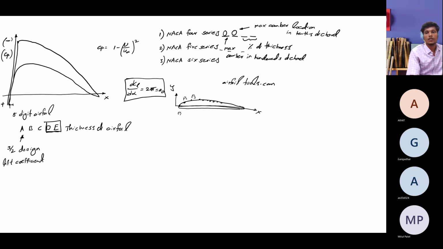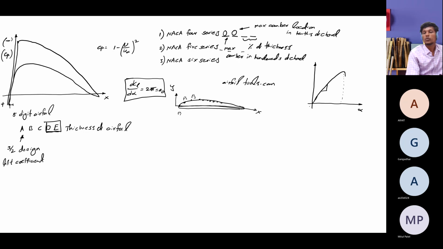What is this dCl by d alpha? We are plotting this alpha versus lift curve for many aerofoils like this. So what is deciding the slope of this linear region? Anyway, this is a stall region.